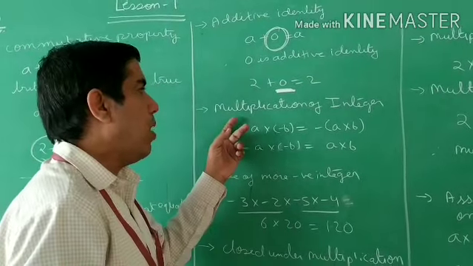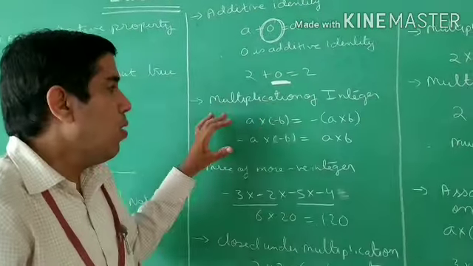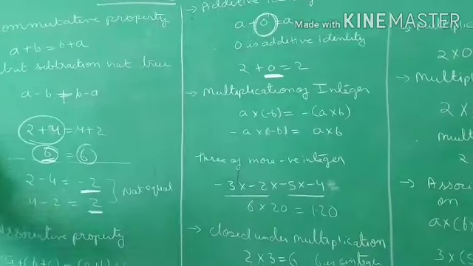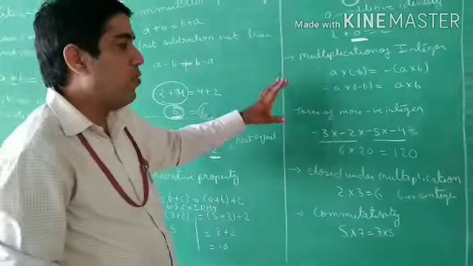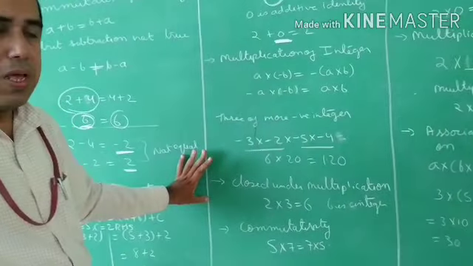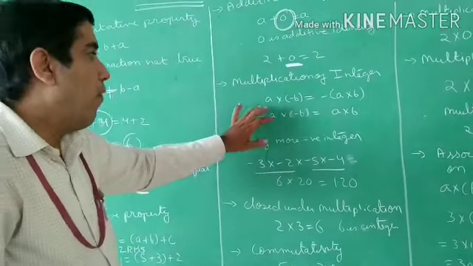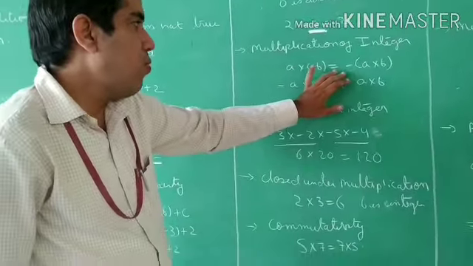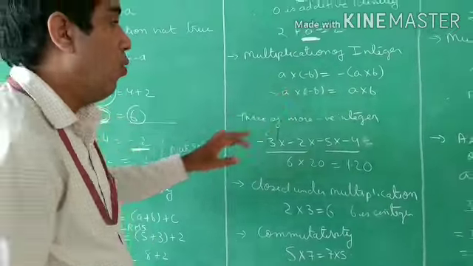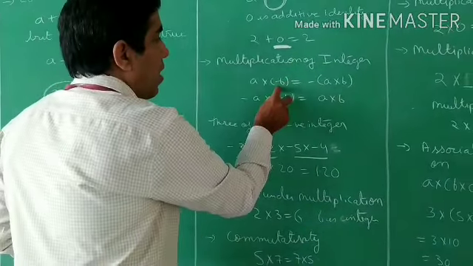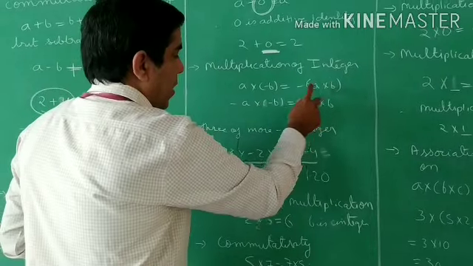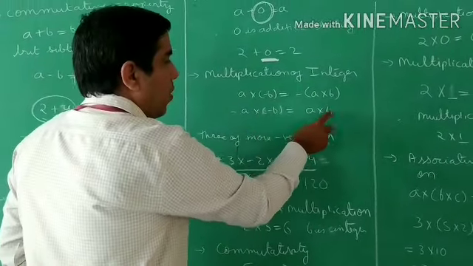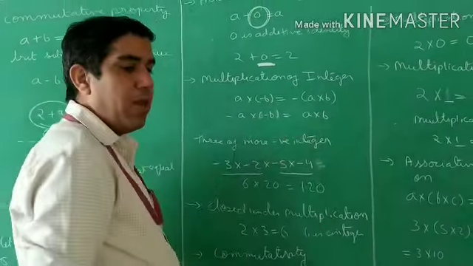Now multiplication of integers. All these properties which I discussed with you, I will discuss with reference to multiplication. You can see here A multiplied by B is equal to A multiplied by minus B. Now it is minus, so with one negative sign, the answer comes negative. If two negative signs are there, the answer will become positive. Very simple.